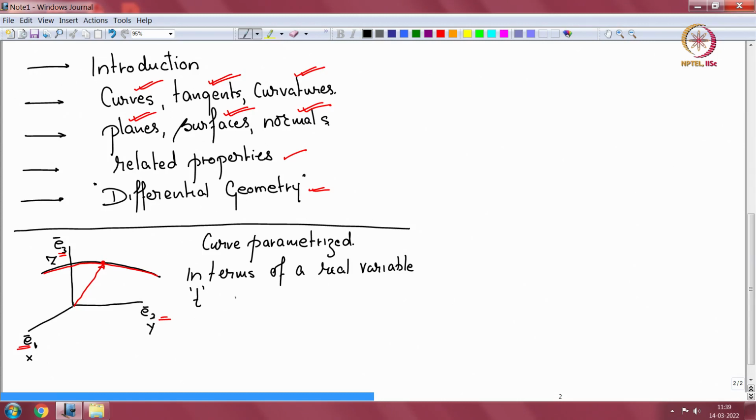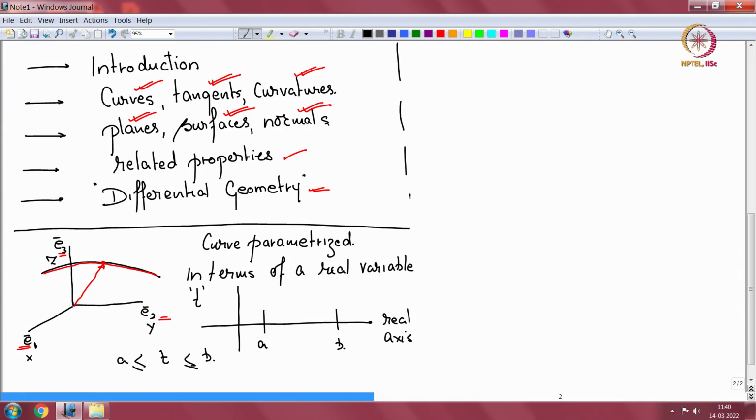What does that mean? t is a real variable that varies on the real number axis between say 2 points A and B. So t moves between 2 points and is a real number, and the curve we are discussing is parametrized. That means every point is given in terms of t.